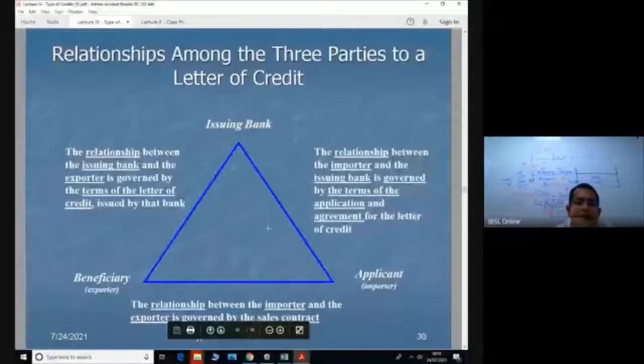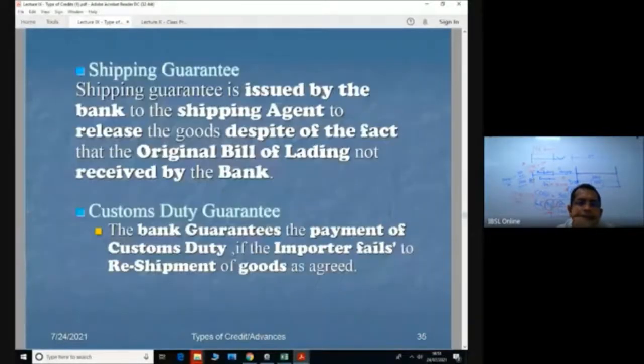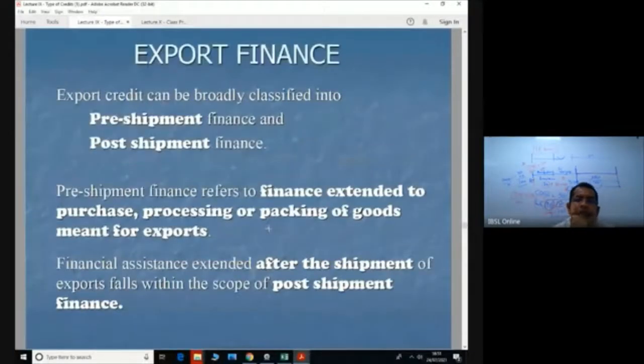I covered all these things. What I discussed was the import side. Similar to the same, on the export side, we have pre-shipment and post-shipment.